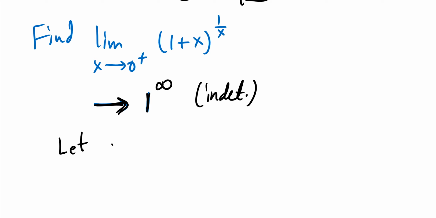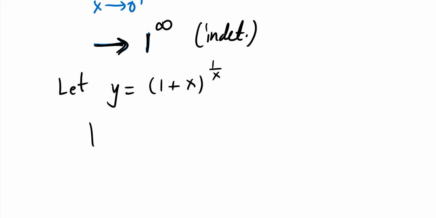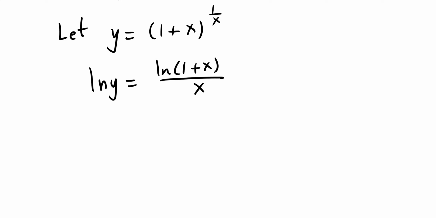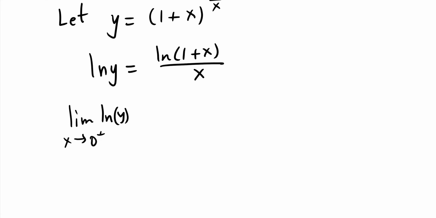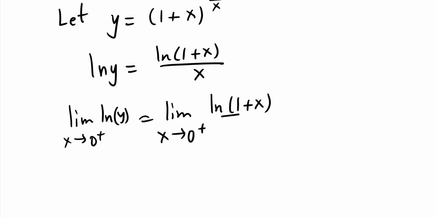Again, same procedure. y equals (1 + x) to 1 over x. Natural log both sides. That will allow us to bring 1 over x down. Limit of ln y as x approaches 0 plus equals the limit as x approaches 0 plus of natural log of (1 + x) over x.